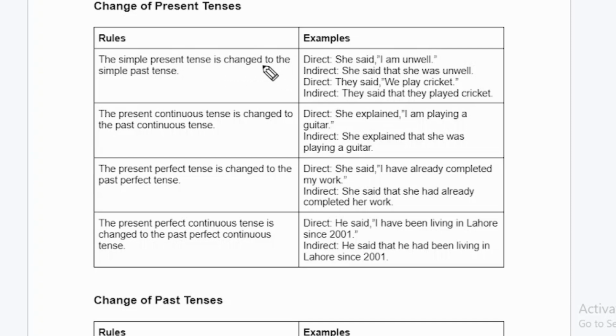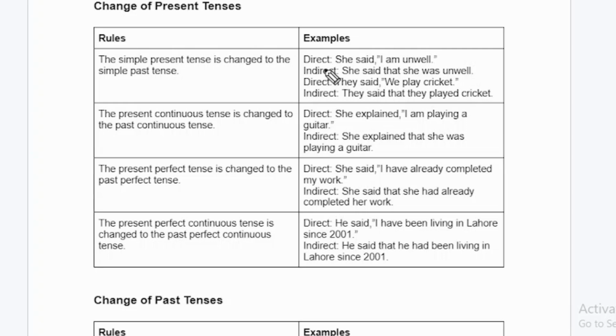Direct: she said, "I am unwell." Indirect: she said that she was unwell. So we use "that," we change the pronoun, and am is converted into was, and unwell stays.